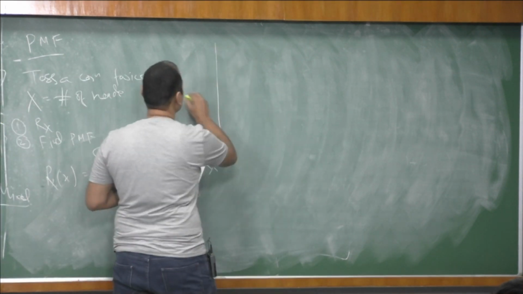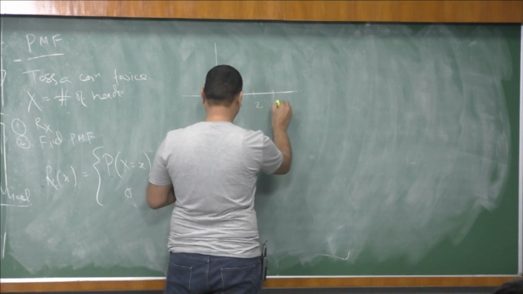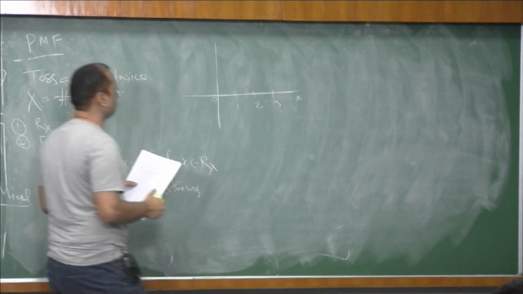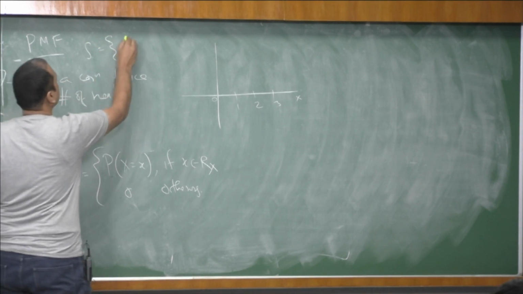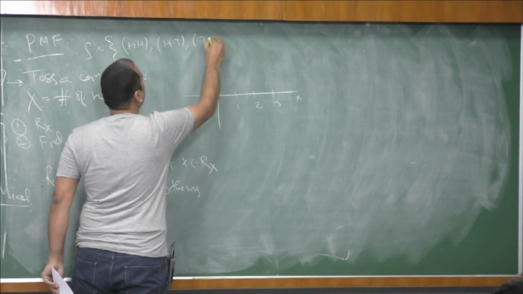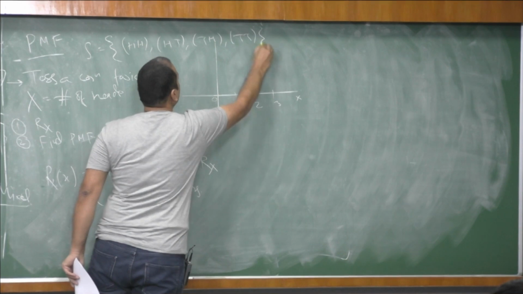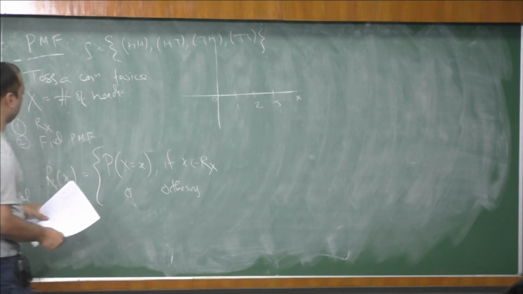The probability values can be plotted. So for instance, 0, 1, 2, 3, and so on are the values that x can take. For this experiment, if I toss a coin twice, the sample space is head-head, head-tail, tail-head, tail-tail, and x denotes the number of heads.